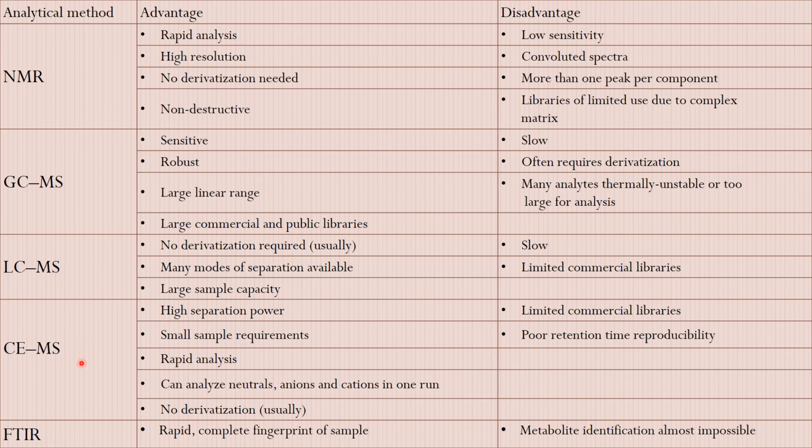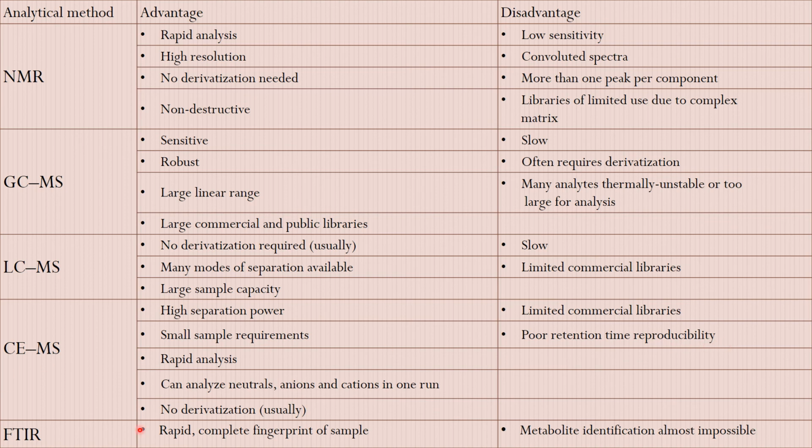Now next is the CEMS, where the advantage is that it has high separation power, small sample requirement, analysis is rapid and it can analyze neutral molecules, anions, cations, and no derivatization is required. The disadvantage is that limited commercial libraries are available and there is poor retention time reproducibility.